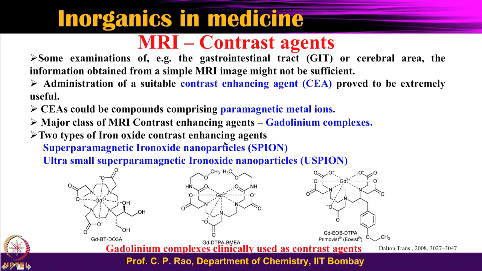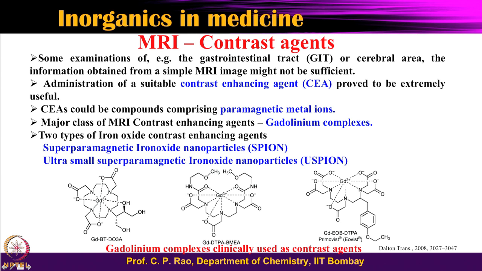Therefore, we are at a disadvantage with MRI. To take advantage of MRI, you use a contrast enhancing agent. How do they work? Explain this, and what are the things suitable for magnetic resonance contrast agents, what magnetic resonance agents do we have here, and how do they actually function?